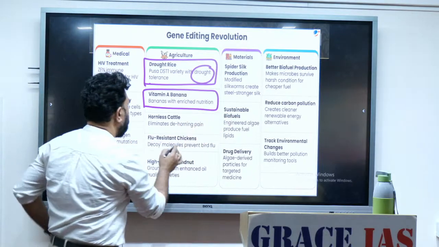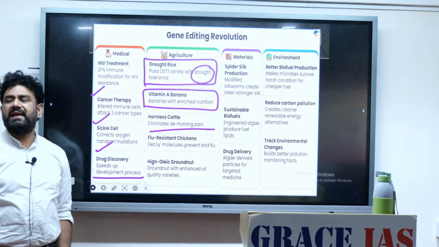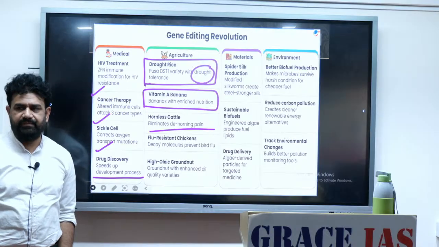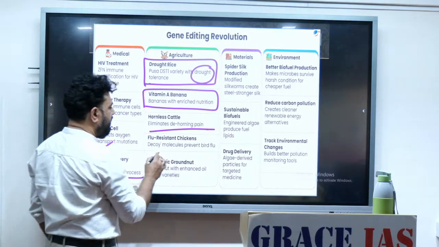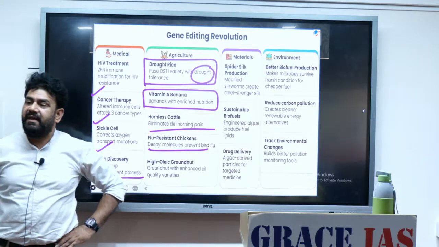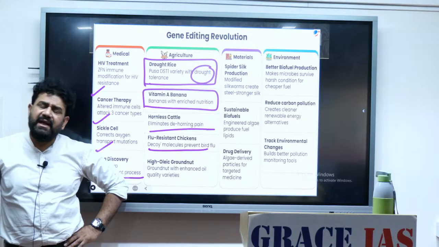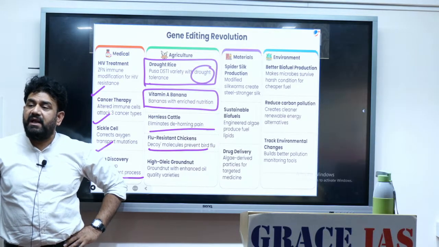Yes. So hornless cattle. It may be less significant, but we can do it. Yes. So flu resistant chicken. You know that bird flu was a major issue a few years ago, whether it is H1N1 or H5N1. We had bird flu, swine flu and all, we had a lot of issues.